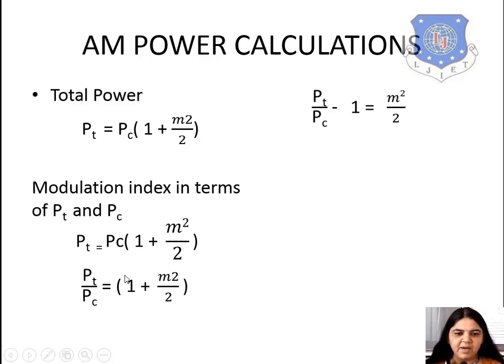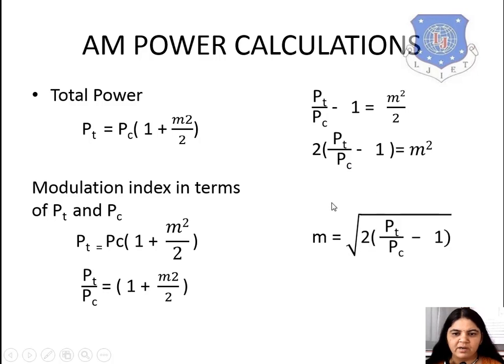So this 1 goes to the other side: PT by PC minus 1 is equal to m square by 2. We take this 2 to the other side, so 2 in bracket PT by PC minus 1 is equal to m square. Therefore, small m is equal to the square root of 2 in bracket PT by PC minus 1. So this is the modulation index in terms of the total power and the carrier power.